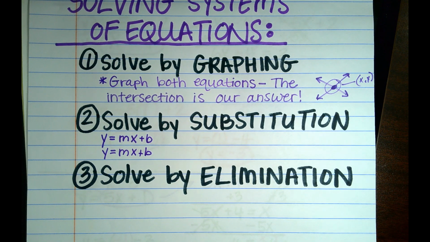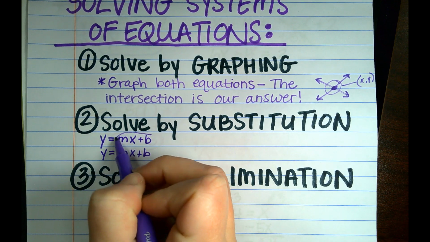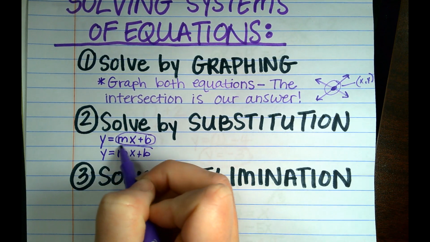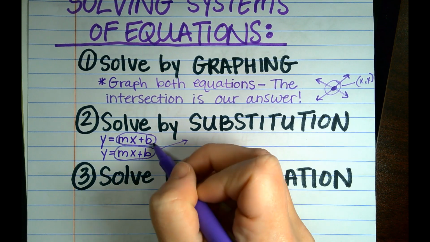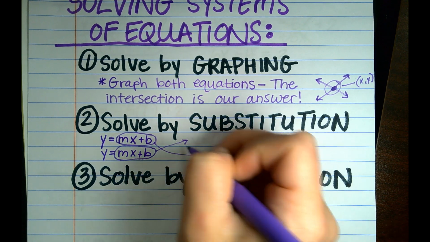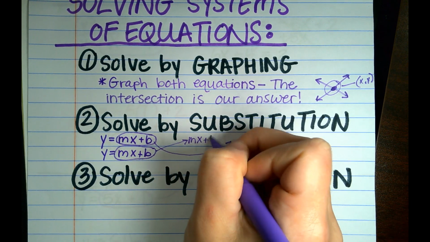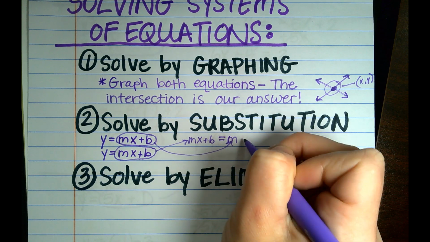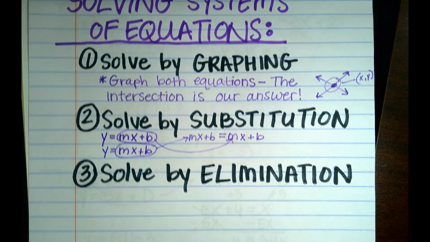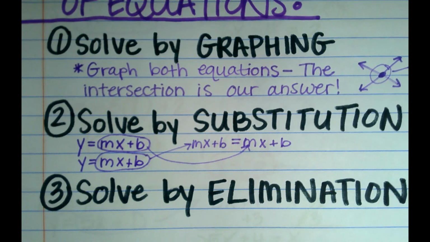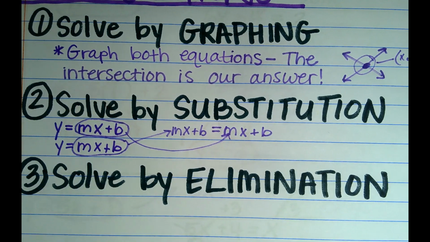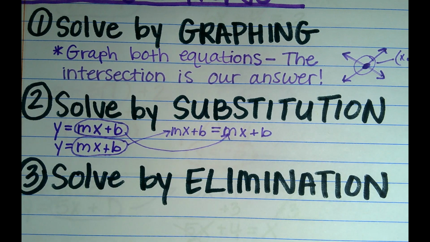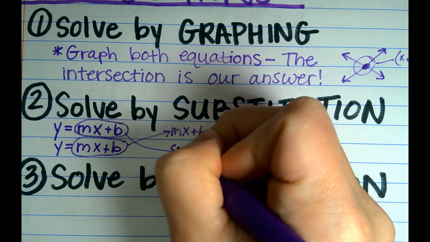And to do substitution, we take the second half of both equations and we just set them equal to each other. So this is what we kind of did here. We're setting those sides equal to each other, and we solve for x.